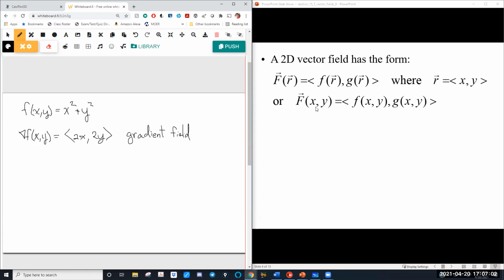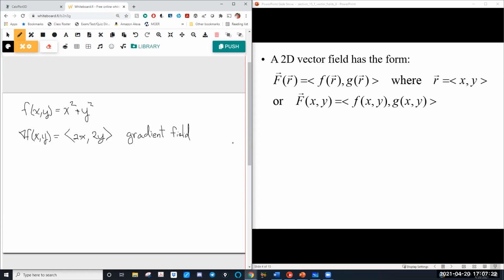The vector field f is represented by f of xy and g of xy. So here, r is our initial position vector. In the second representation, we're just using the xy and cutting out the middleman of the r there.